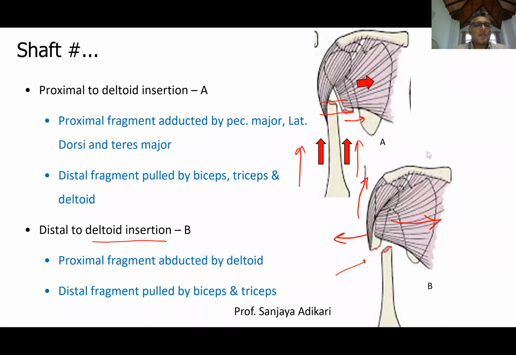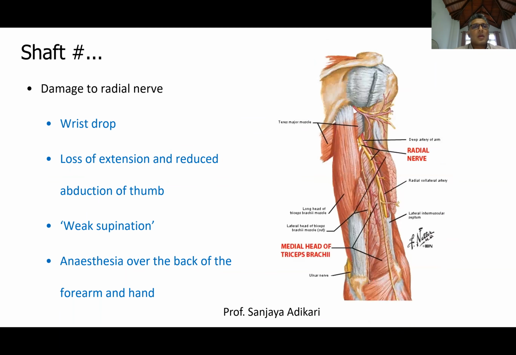So in fractures distal to the deltoid insertion, the proximal fragment is abducted by the deltoid muscle. The distal fragment is again pulled up by the biceps and triceps, so again there can be shortening. If you look at an X-ray, you can actually work this out.